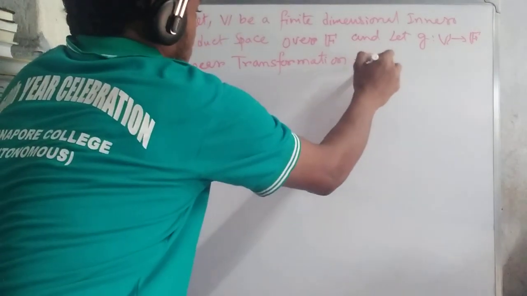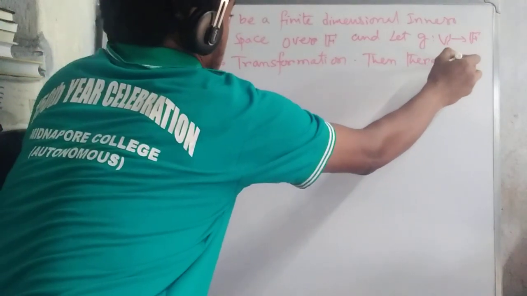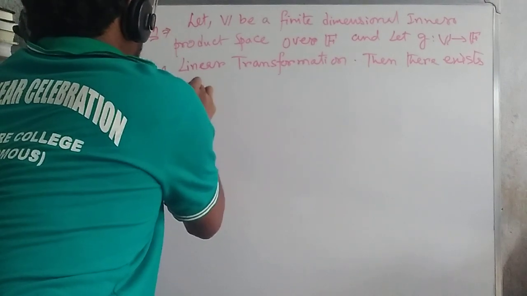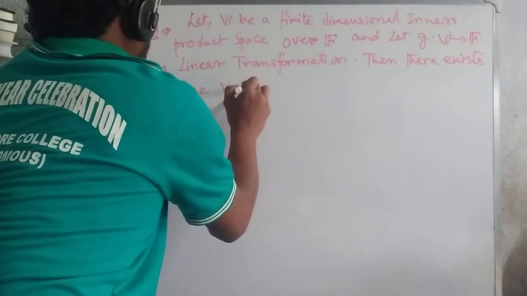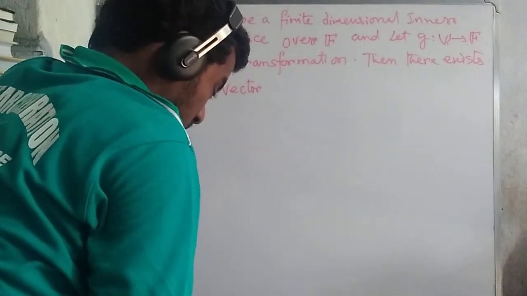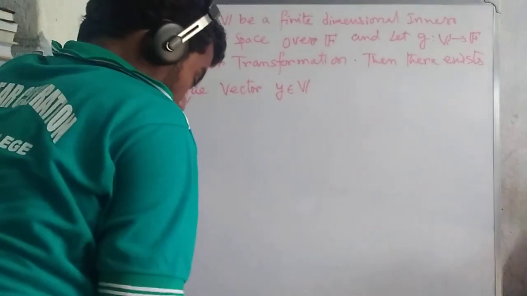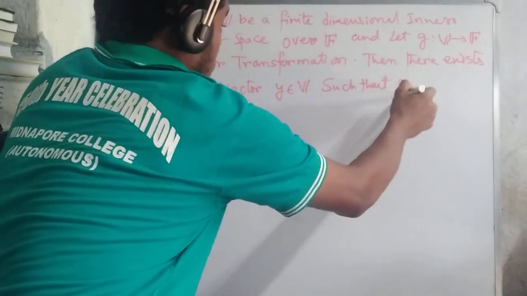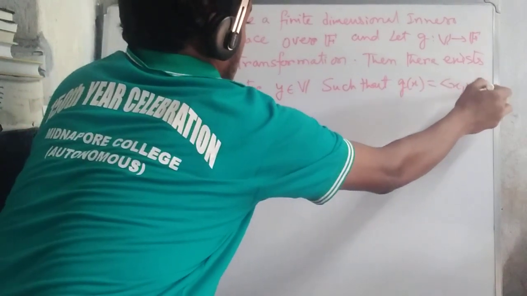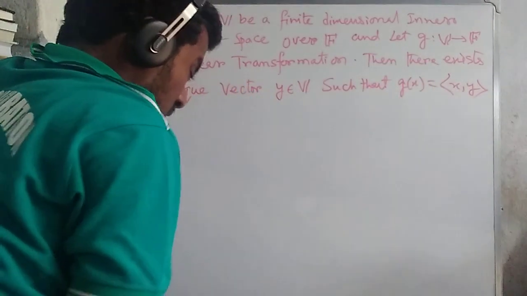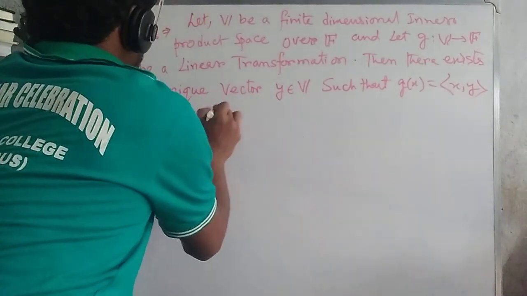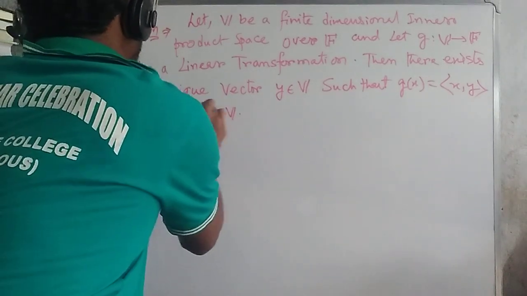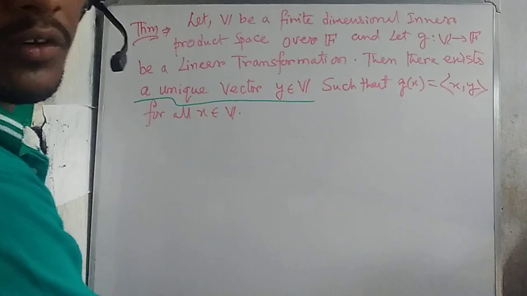Then there exists a unique vector y belonging to V such that g(x) equal to the inner product of x and y for all x belonging to V.